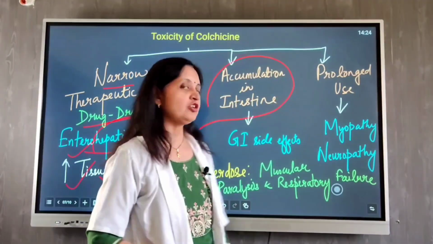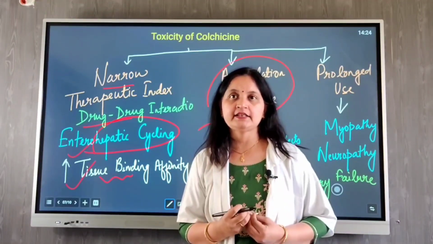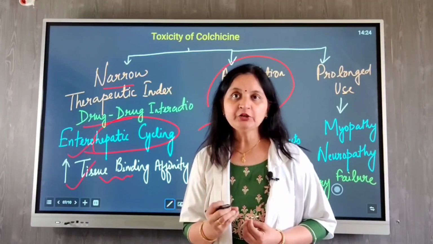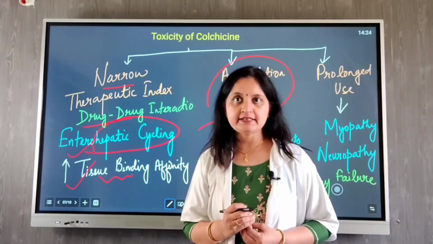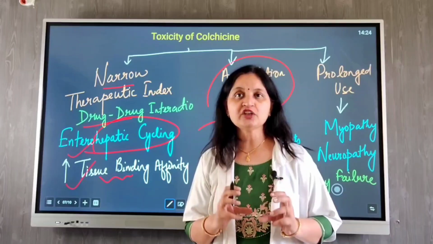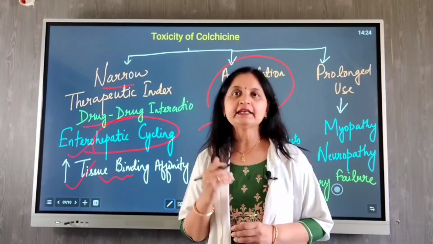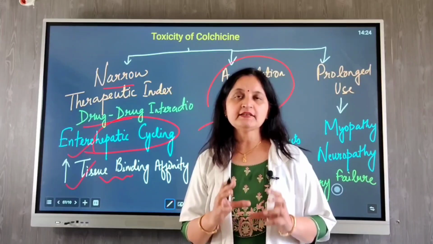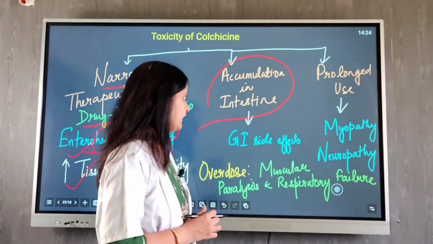Because of its high tissue binding affinity, it accumulates in the intestine, and it inhibits mitosis, cell division. So cell turnover in the intestine is inhibited, and this leads to GI side effects such as nausea, vomiting, abdominal pain, diarrhea, abdominal cramps. So these are the common GI side effects that are observed with colchicine.